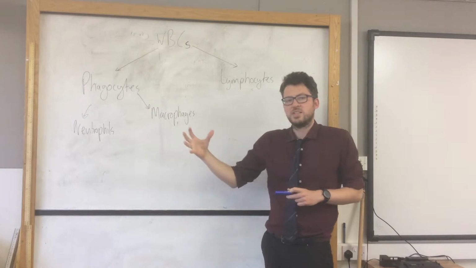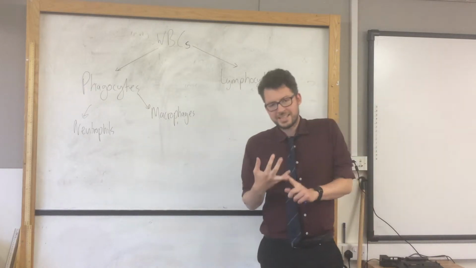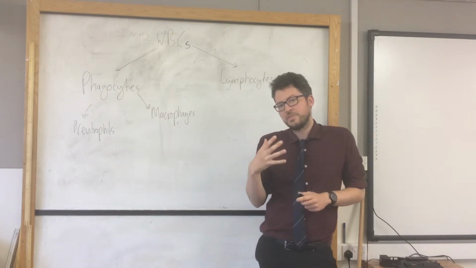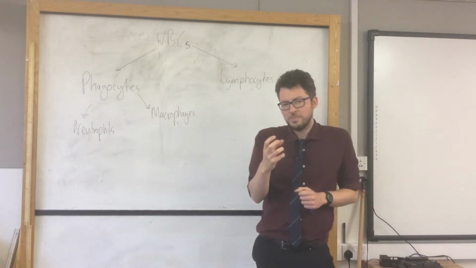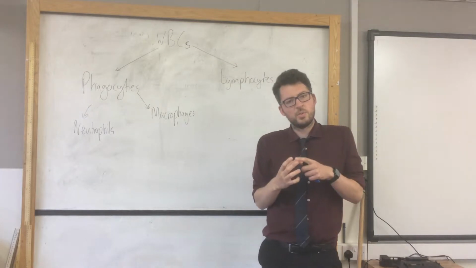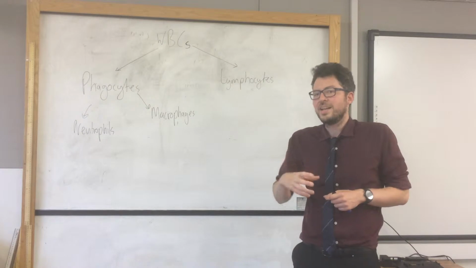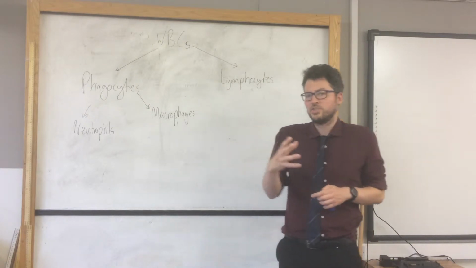So that's what phagocytes do. So that involves them detecting the antigen on the surface of the pathogen, engulfing it, forming a phagosome, then a lysosome, which is enzymes contained within the white blood cell, fuses with the phagosome to form a phagolysosome, and the enzymes then break down the pathogen.